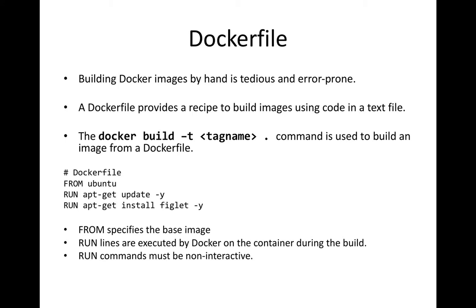Well, building Docker images this way, building images by hand is sort of labor intensive, and it's also error prone. And of course, like most things, there's a way to automate this process, and we can automate it by using a Docker file. A Docker file essentially is a code file which serves as a recipe for building Docker images.